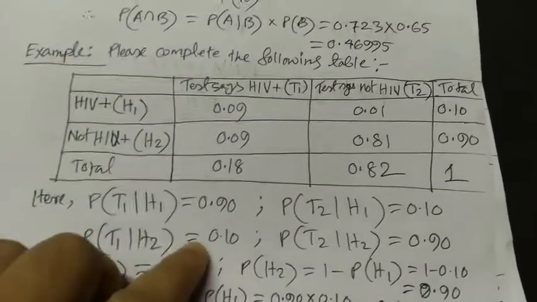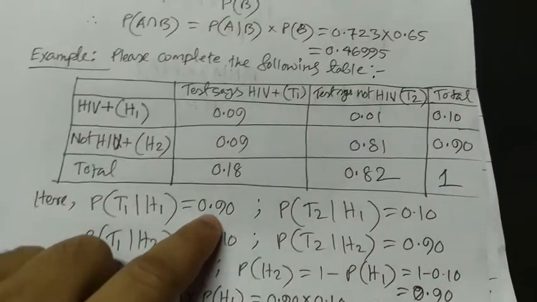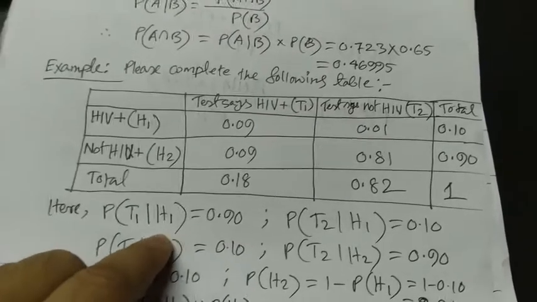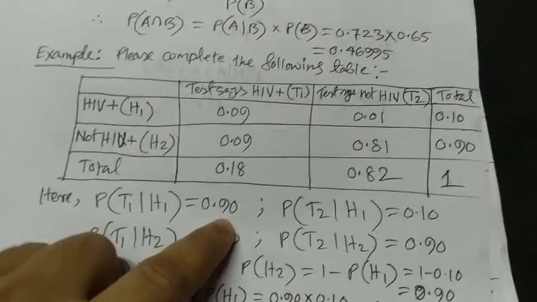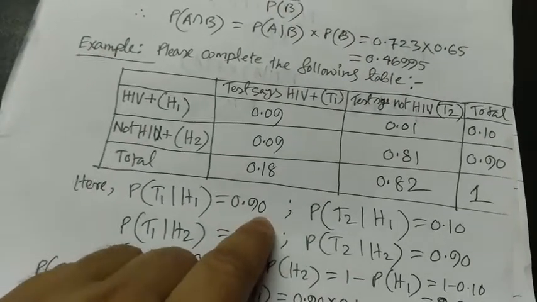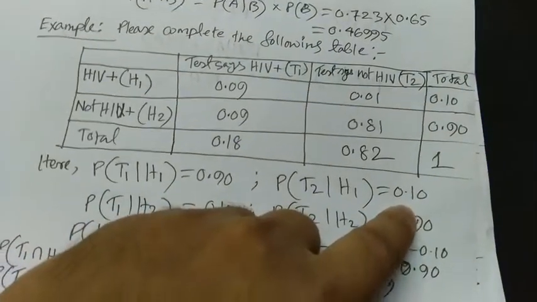Here only a few pieces of information were given. Probability of T1 given H1 was 0.90, which is given in the question. Probability of T2 given H1 is 0.10.